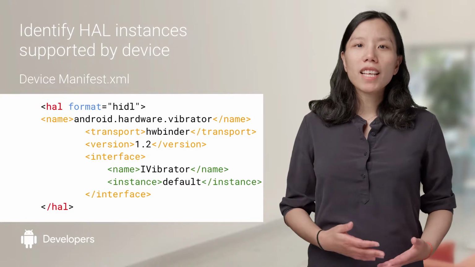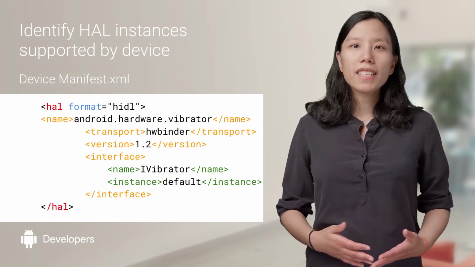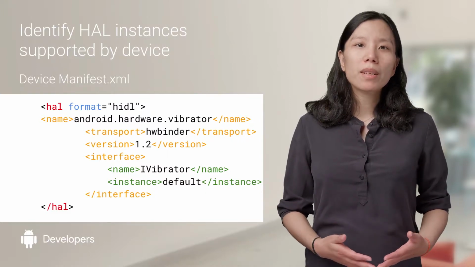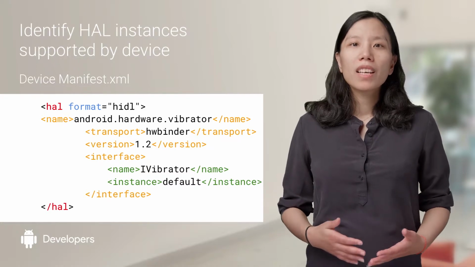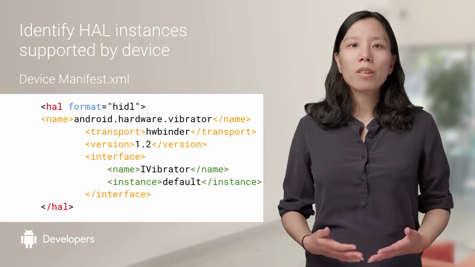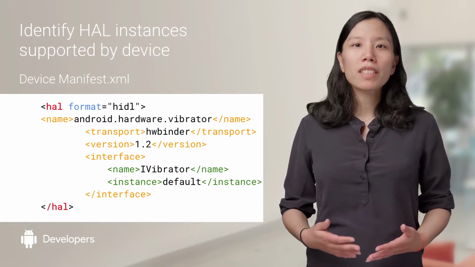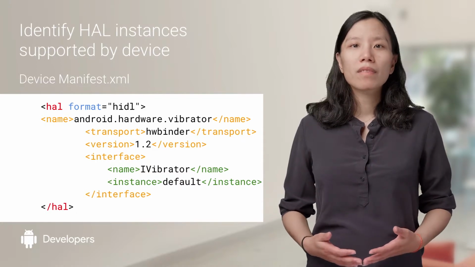Here is a snapshot of an example manifest file, which contains the health package name, version, interface name, and the instance name. Note there could be multiple interfaces for the same health, and each interface may correspond to multiple instances, each with a different service name.